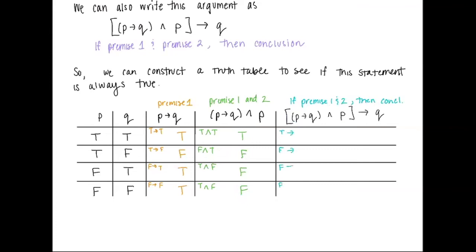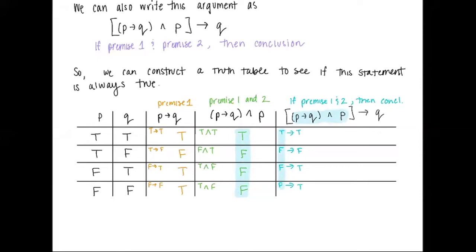Then we're putting the truth values for a conclusion, which is true, false, true, true. So these values represent the truth value of the stuff at the beginning. So now I can find my end statement.